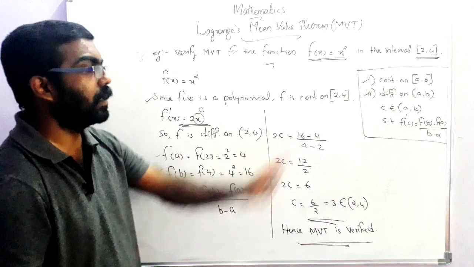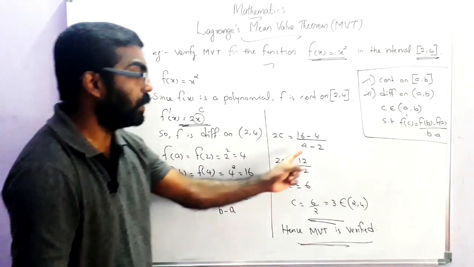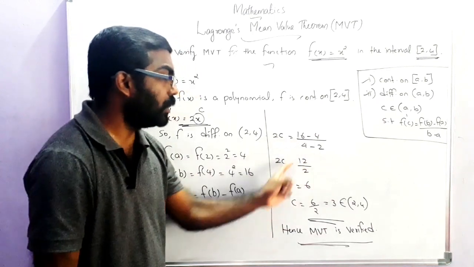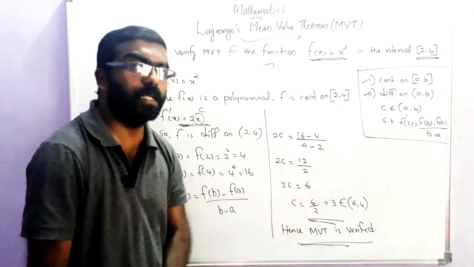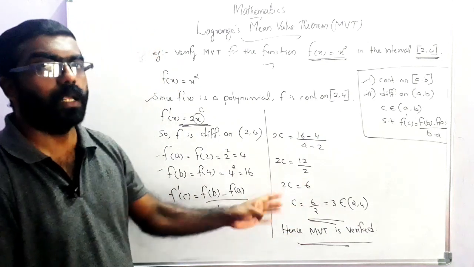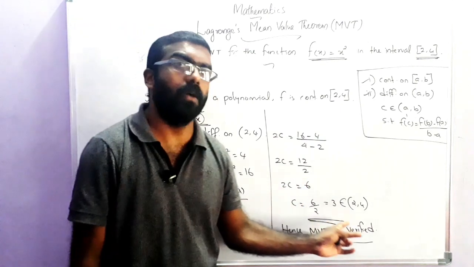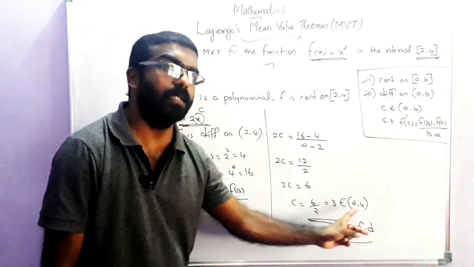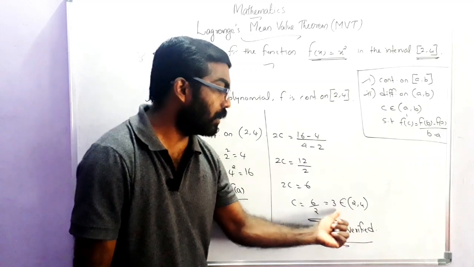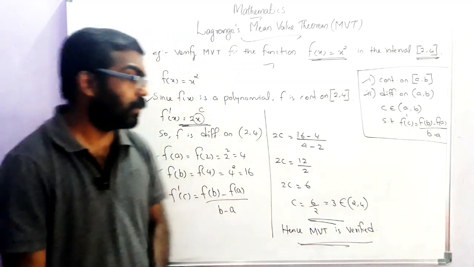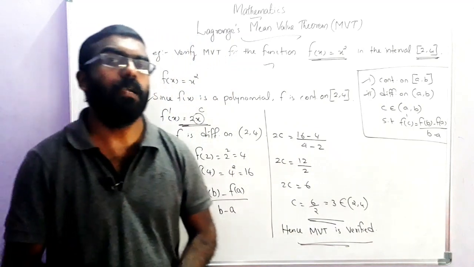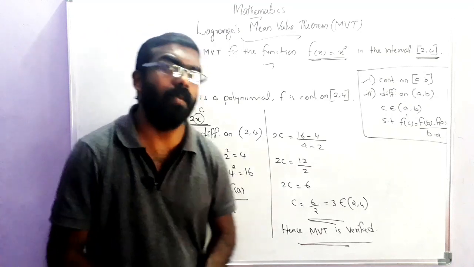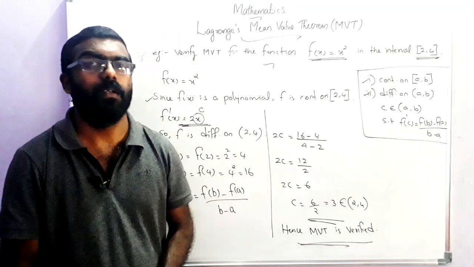So 2c is equal to 16 minus 4 divided by 4 minus 2, that is 2c is equal to 12 by 2, and 2c is equal to 6, which implies c is equal to 3, and we check whether the number c belongs to the open interval (2, 4). Clearly 3 is a number which lies between 2 and 4, so we can write 3 belongs to the open interval (2, 4). Hence we can conclude Lagrange's mean value theorem is verified.